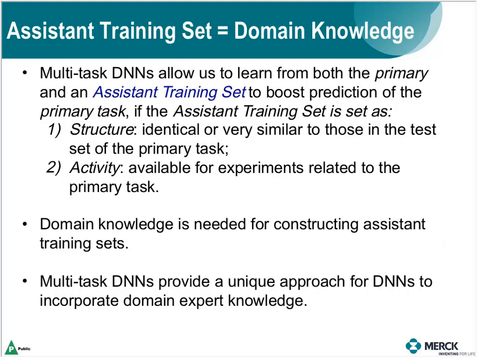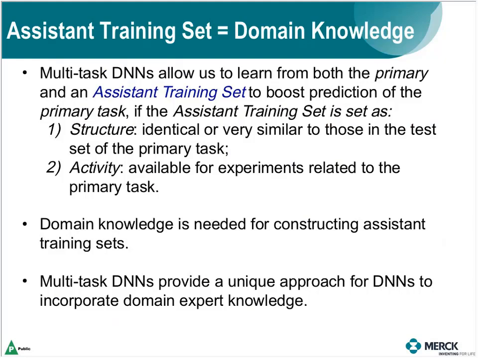which is a way to incorporate domain knowledge, because structure-wise, we do know which data set has compound structures close to our training and test set. And also because we know the nature of the experiment, we know whether the activities are related or not.